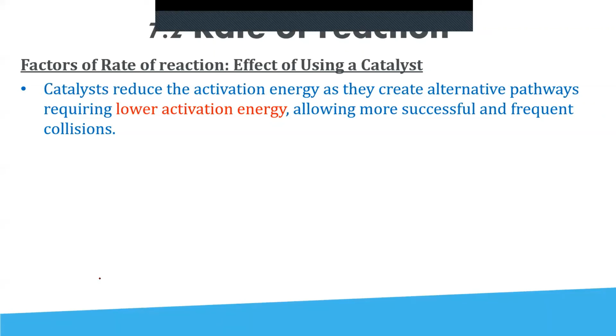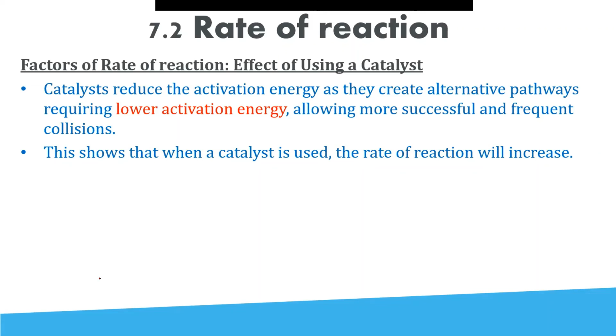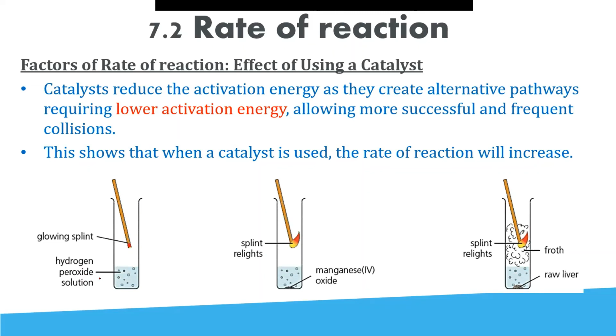What a catalyst does is reduce the activation energy, the energy required to start a reaction. It will lower the activation energy, which results in more collisions, more successful collisions, so therefore the rate increases.